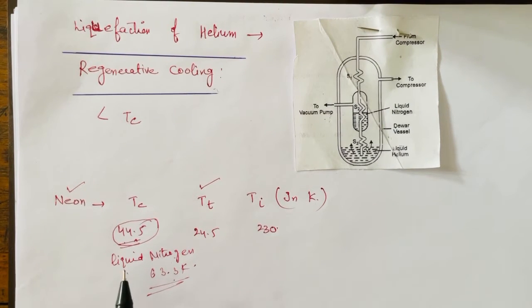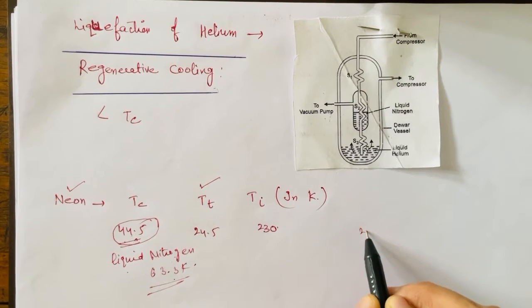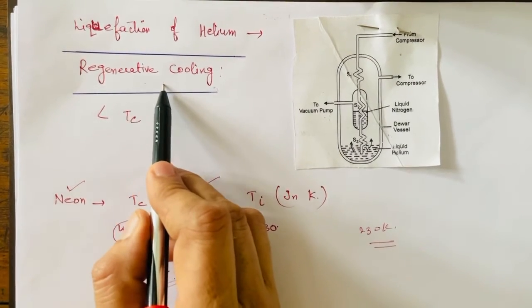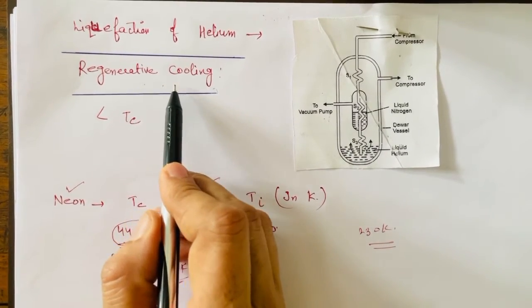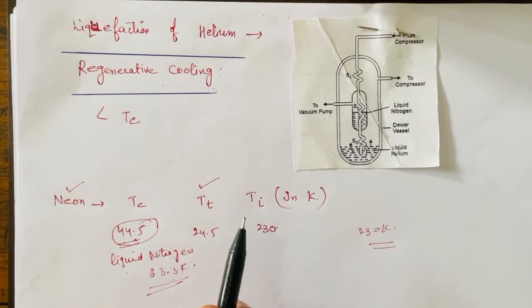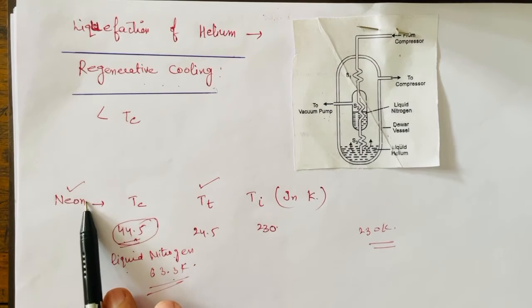So here we use the Joule-Thomson effect, and we can cool this neon gas by this method, provided its initial temperature is less than 230 Kelvin. This temperature is quite easy to obtain, so by a method known as regenerative cooling it is possible to go on cooling a gas by the Joule-Thomson effect till the gas becomes cold enough to be liquefied. Neon was liquefied in this way.